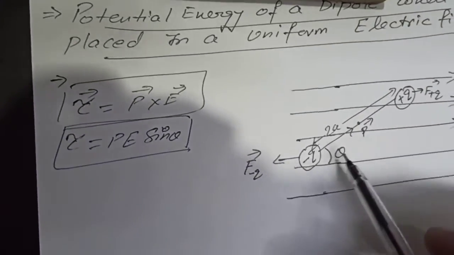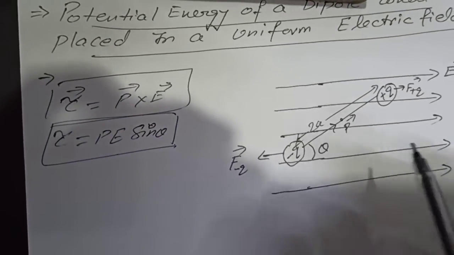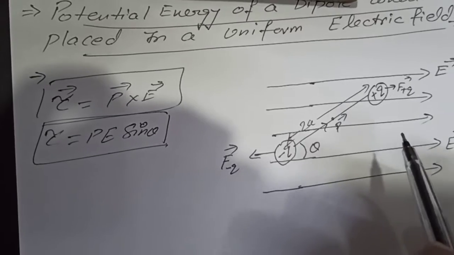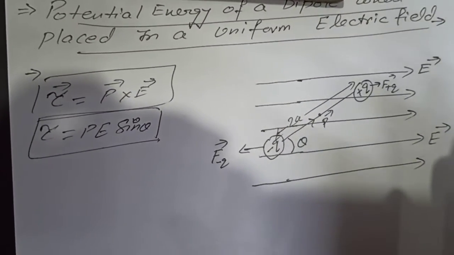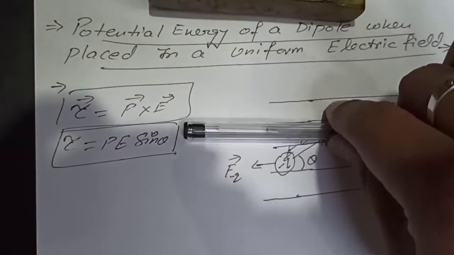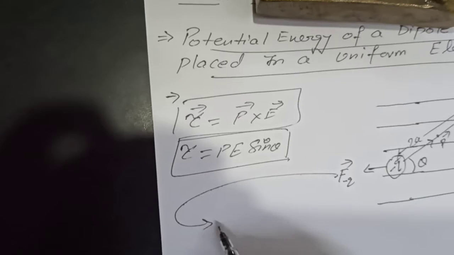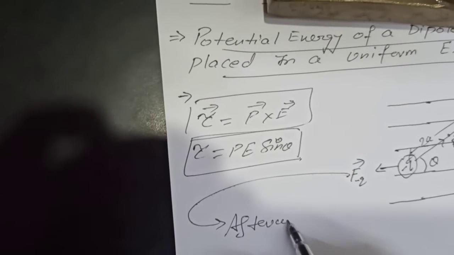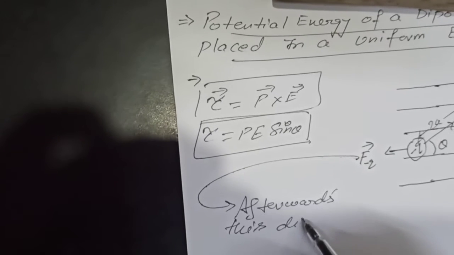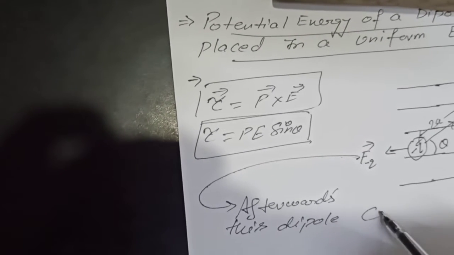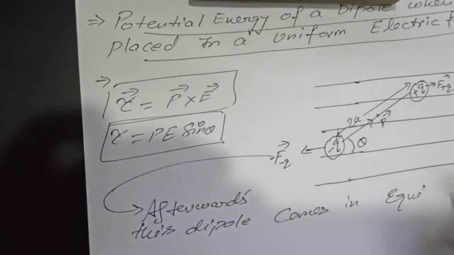Whenever this dipole that you are viewing as inclined is freed in this uniform electric field, it will come in this direction. Or we can say that afterwards this dipole comes in the equilibrium condition.